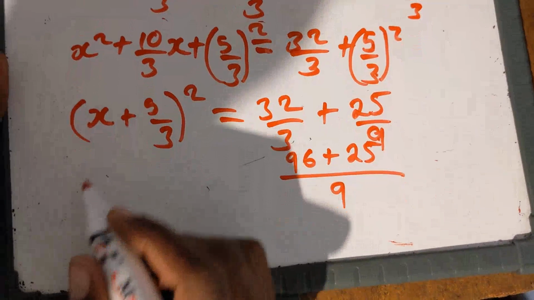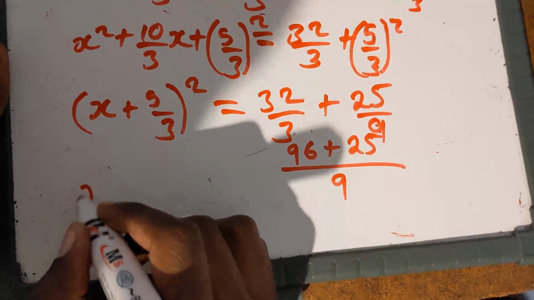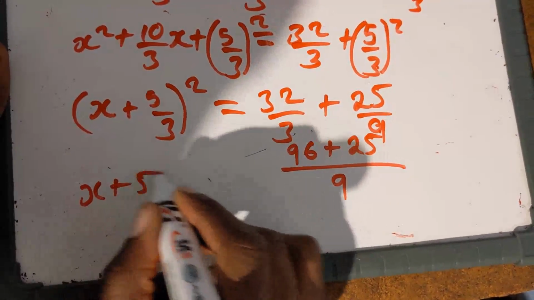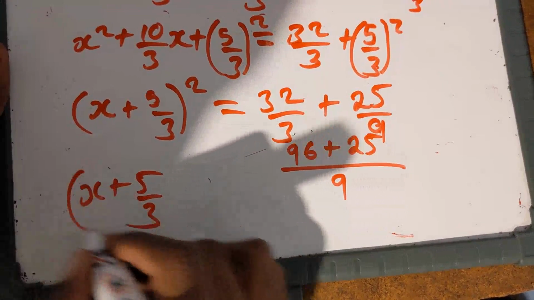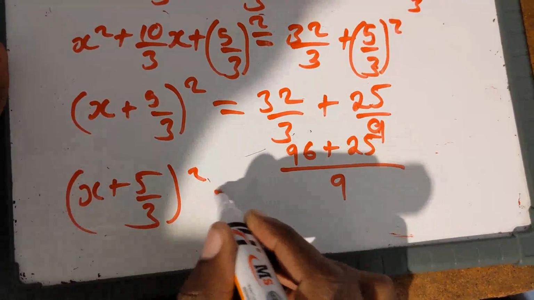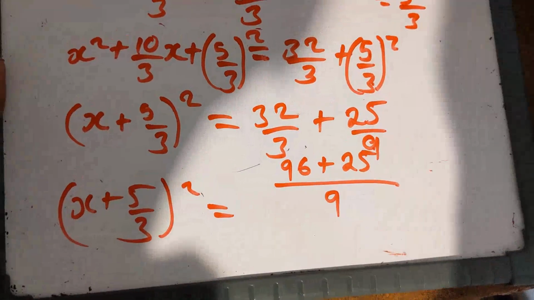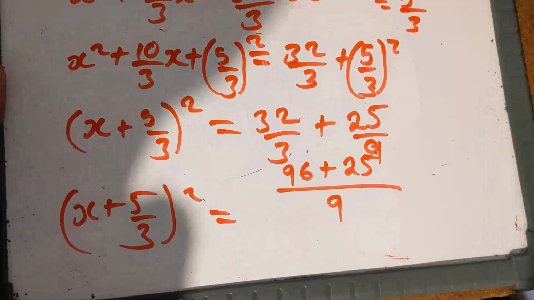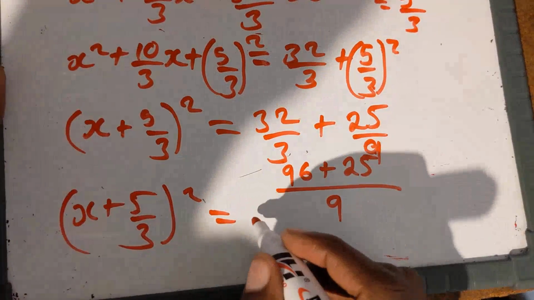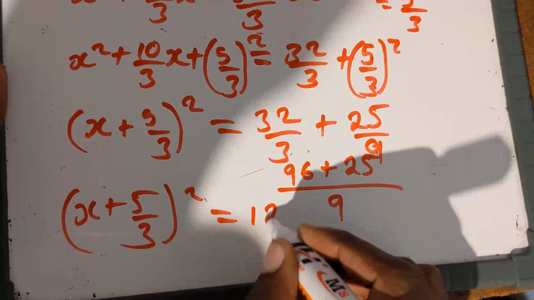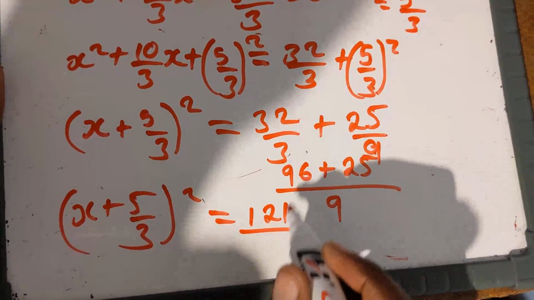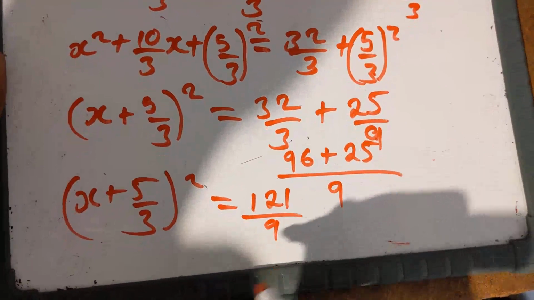Then here it is x plus 5 over 3 squared is equal to 96 plus 25, which is 121. So that is going to be 121 over 9, like that.